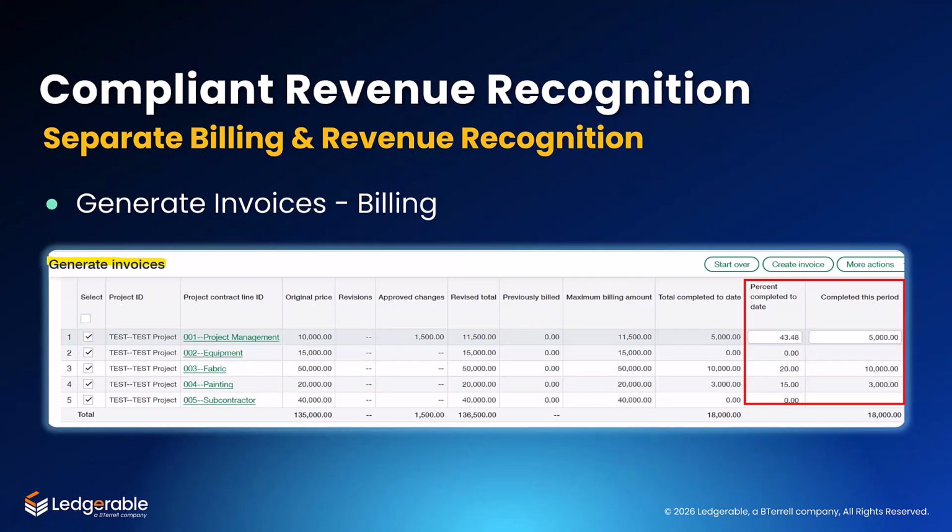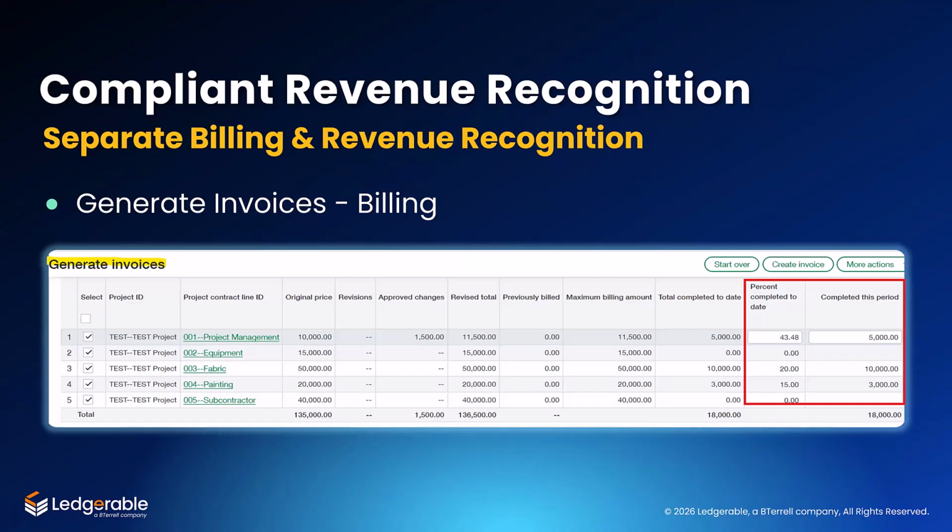So for each contract line, you are entering the amount completed for that specific period. And then the system automatically rolls that up. So when you total everything together, you may end up with a billing amount, for example, $18,000 for this period.